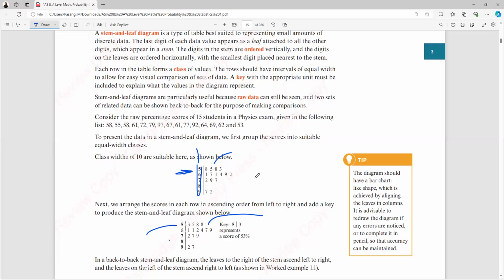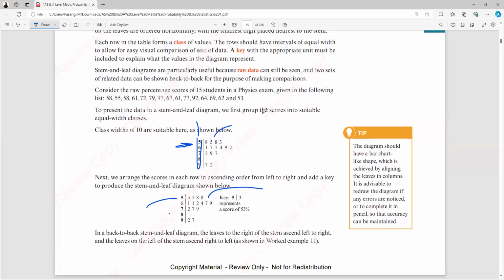The actual data, we can't get a proper idea, but before starting any analysis or representations, it's easy for us to see the minimum value and the maximum value of our data set. Those values we can find at a glance. And two sets of related data can be shown back to back for the purpose of making comparisons as well. So consider these ones.